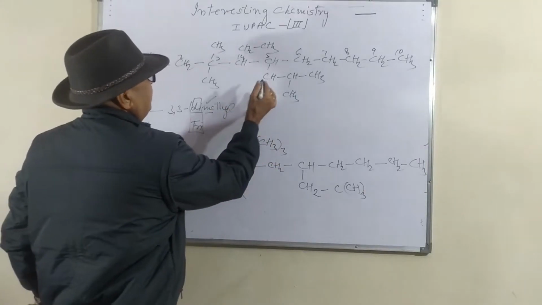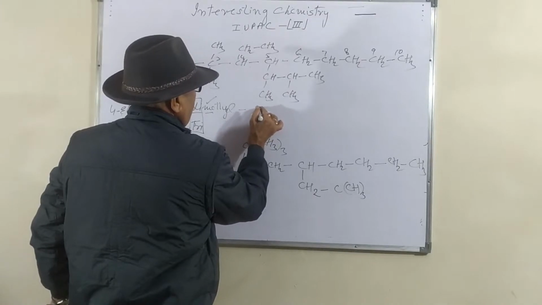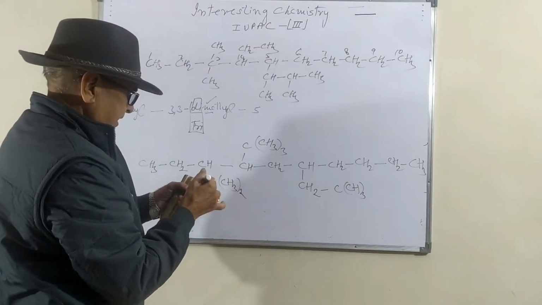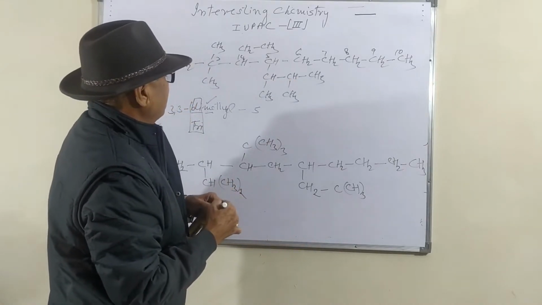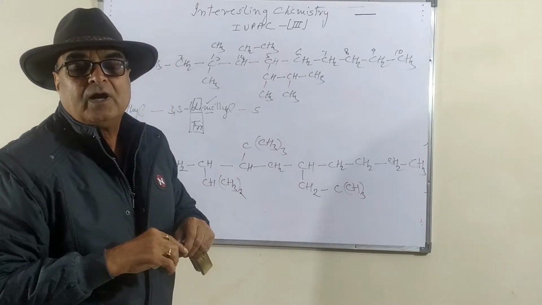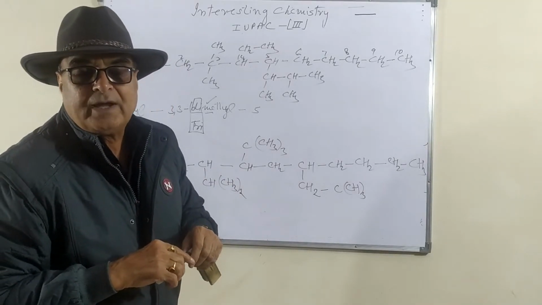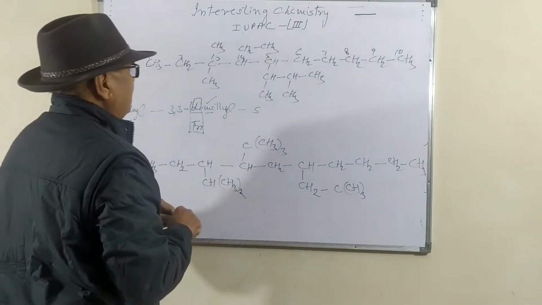Again here, for this one, there is a 1, 2, 3 substituent group. Again you should find the longest chain.